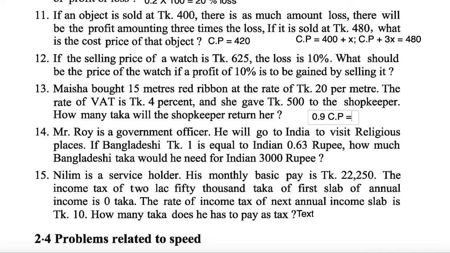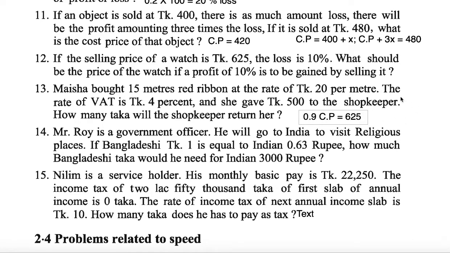Then what is the cost price? 625 by 0.9. Then what should be the selling price? 10% profit means 1.1 times the cost price. Cost price is 625 by 0.9, that is 694 roughly, into 1.1 is the answer.